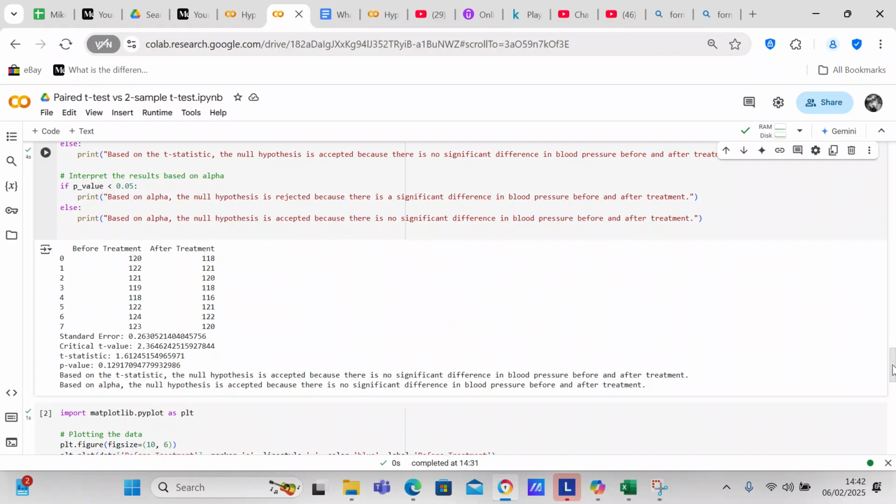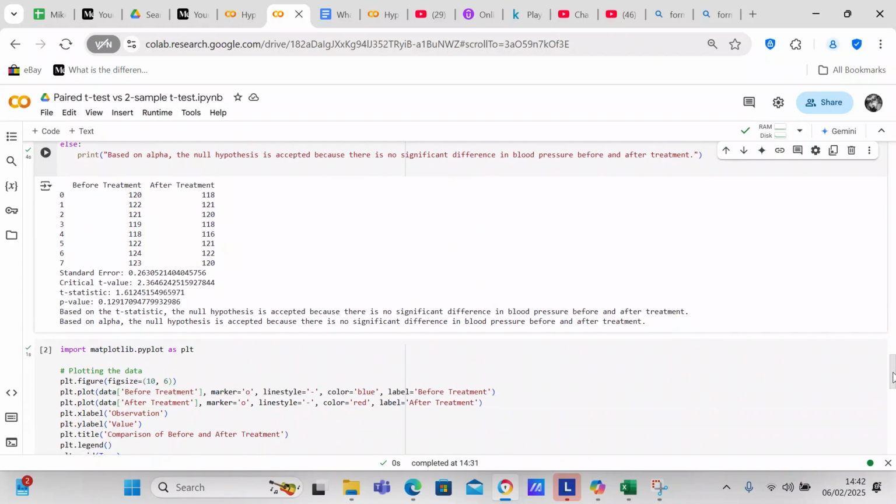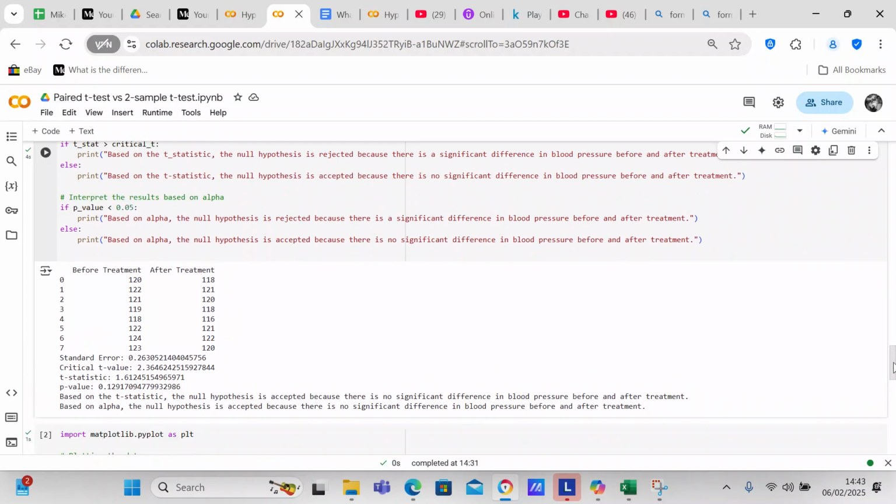Obviously I can't tell you what to do. The only thing I can do is tell you how to do the test and tell you to choose your test very, very carefully, because the test that you use is going to determine what your t-statistic and your p-value are, and your t-statistic and your p-value are going to determine whether the null hypothesis is accepted or rejected.